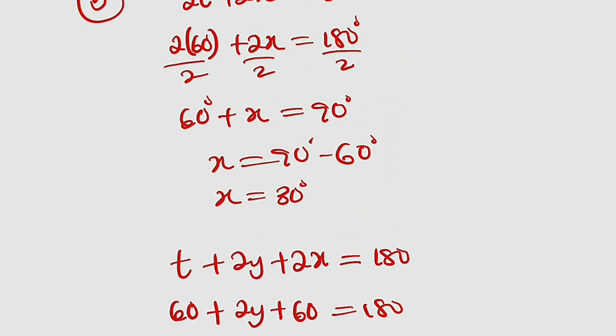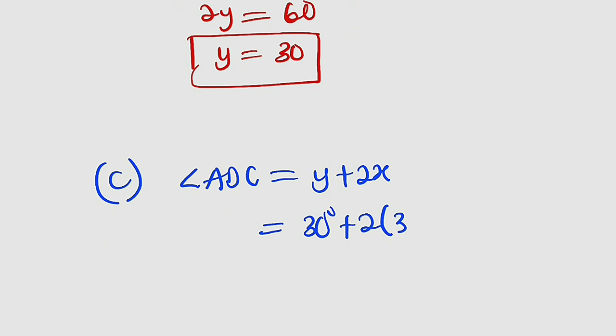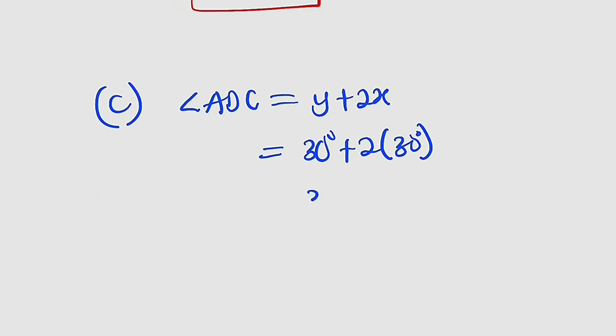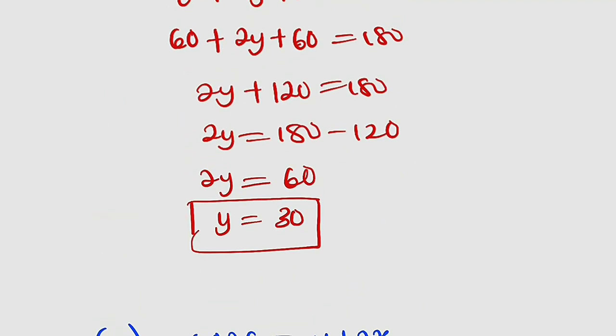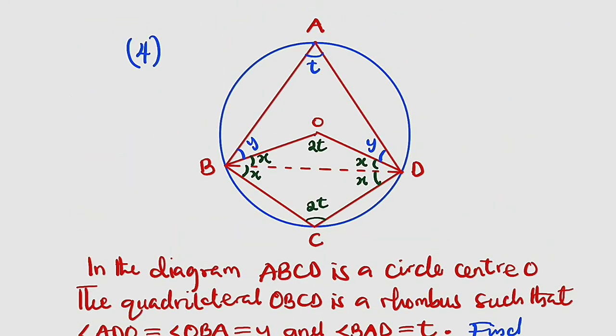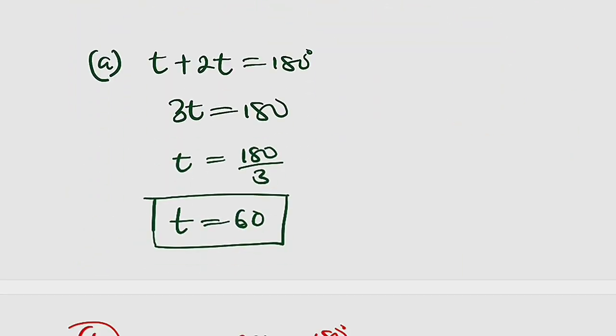What is x? X is 30 degrees. So this is 30 plus 60, and this is equal to 90 degrees. So the required angle is 90 degrees, which is this angle right here. Now let us move on to question number 5.